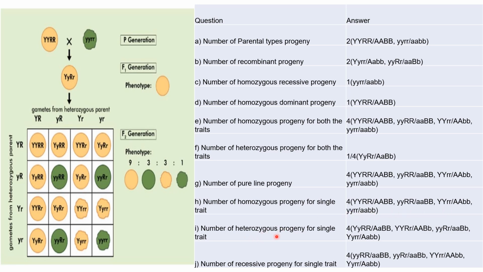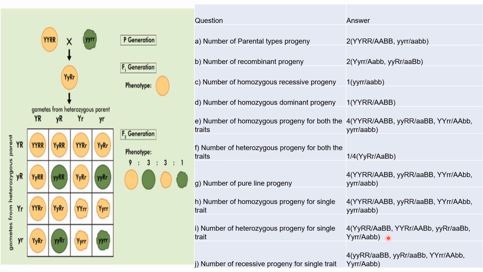Then number of heterozygous progeny for single trait. So here from the Punnett square, again if we actually look into the traits, if we consider one particular character, that is yellow coloration, here there is a heterozygous combination, but the next character, round shape, is homozygous here. So if we consider two characters, for one character it is homozygous, and for the next character it is actually a heterozygous combination.